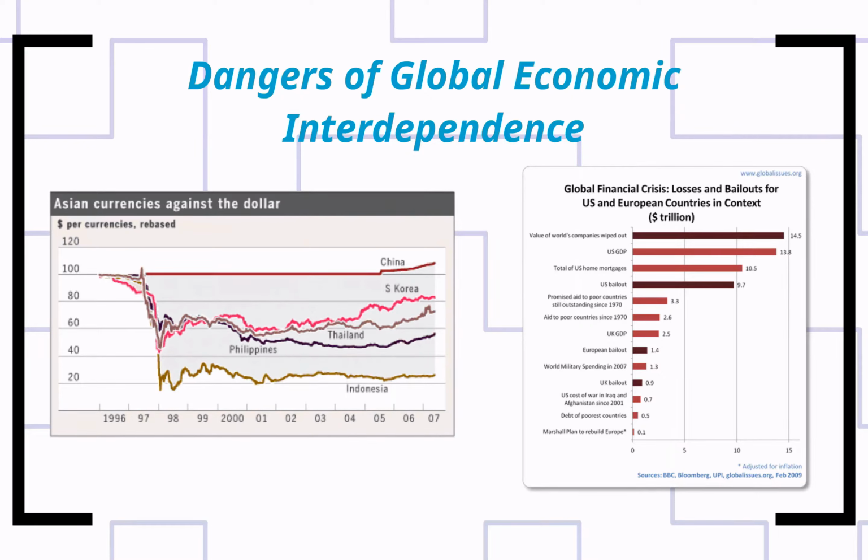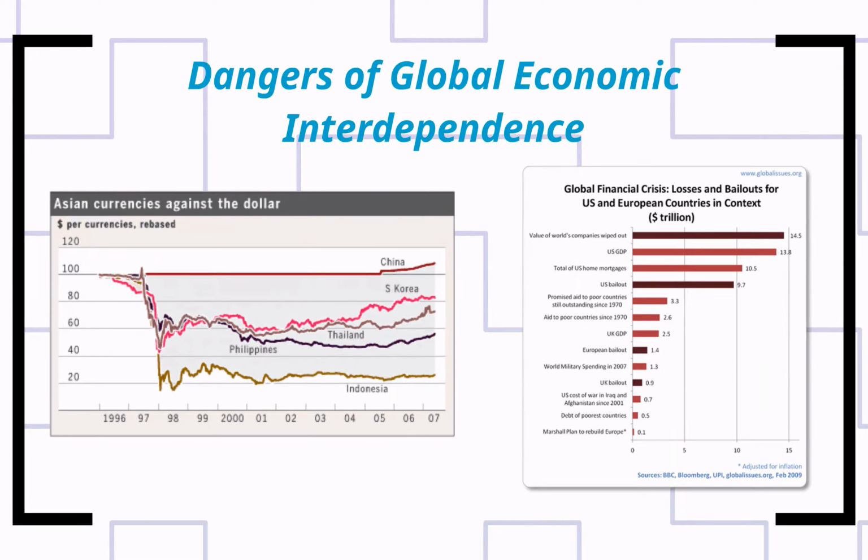So the first graph shows you the value of currencies in East Asia from basically about 1996 up until 2007, a little over a 10-year period. There's an interesting story there that I'll just tell you briefly. In 1997, there was a financial crisis in East Asia that started with currency speculators.